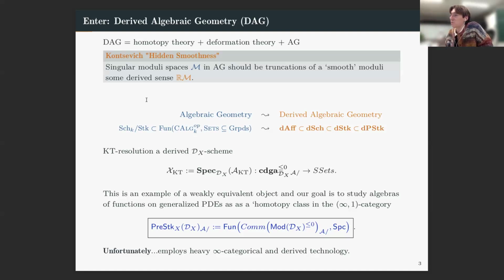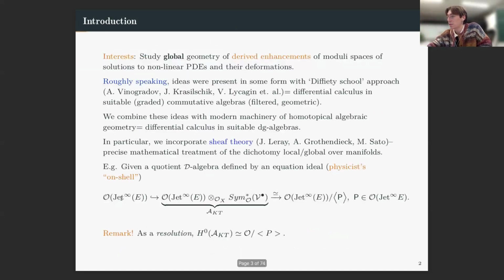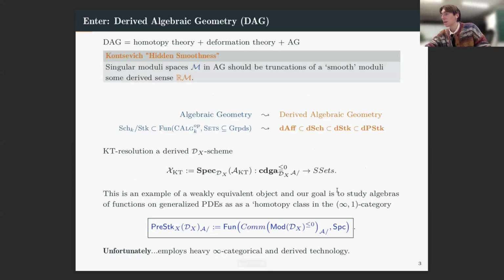And the idea is that there is a sort of truncation, in fact, it's called classical truncation, back down to your original moduli space. In the same way that we viewed this Koszul-Tate resolution, so H0 is exactly such an operation. So you enhance by forming a resolution, and you can go back to reproduce your original object.